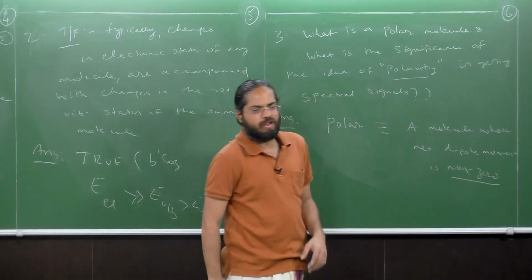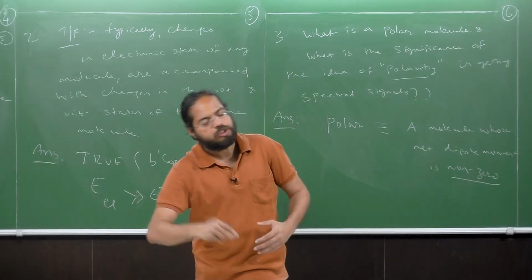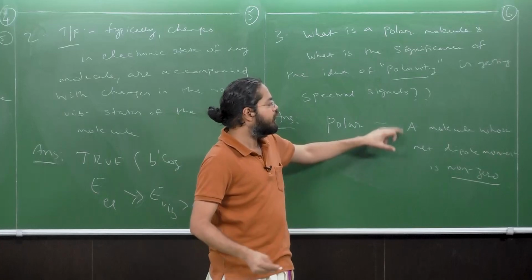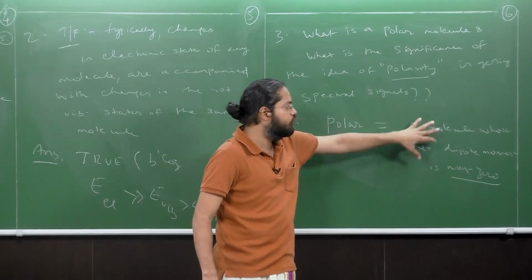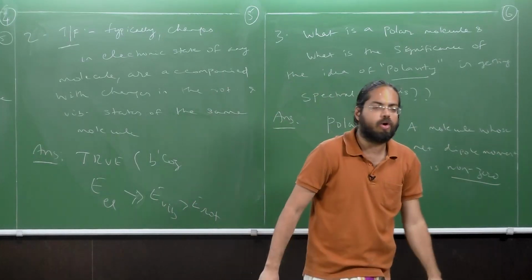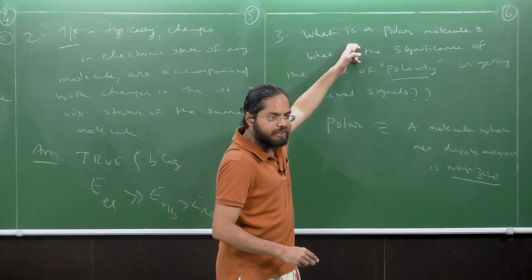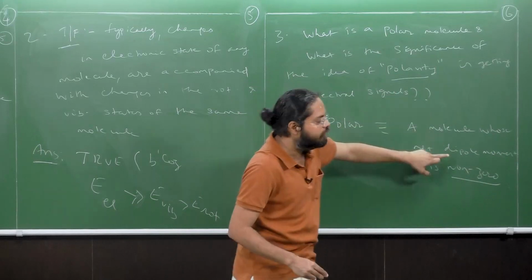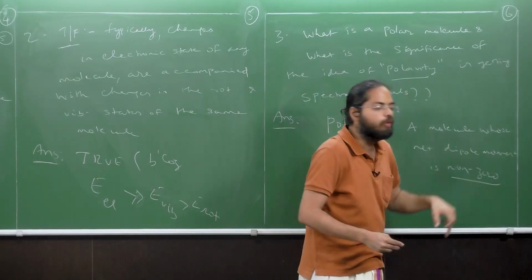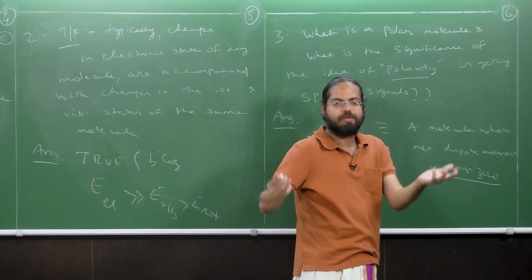Of course, some molecules are much more polar and some are much less polar. But as long as any molecule's net dipole moment is non-zero, I'm going to call it polar. Now, as part of answering this question, I have introduced one more term, one more jargon called dipole moment. What is dipole moment? It's very simple.